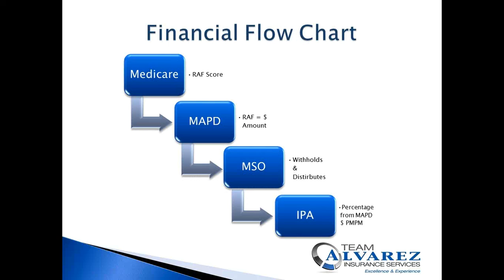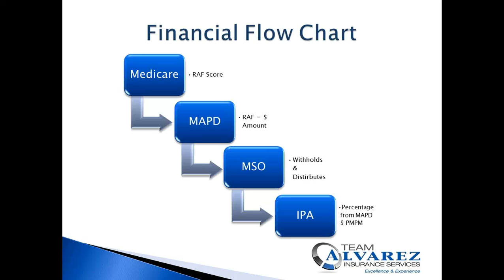So this is an example of the financial flow chart. Essentially, Medicare receives data as to what the RAF score is of a patient. Okay, Medicare determines what monies are to be paid to the MAPD based on that RAF score.